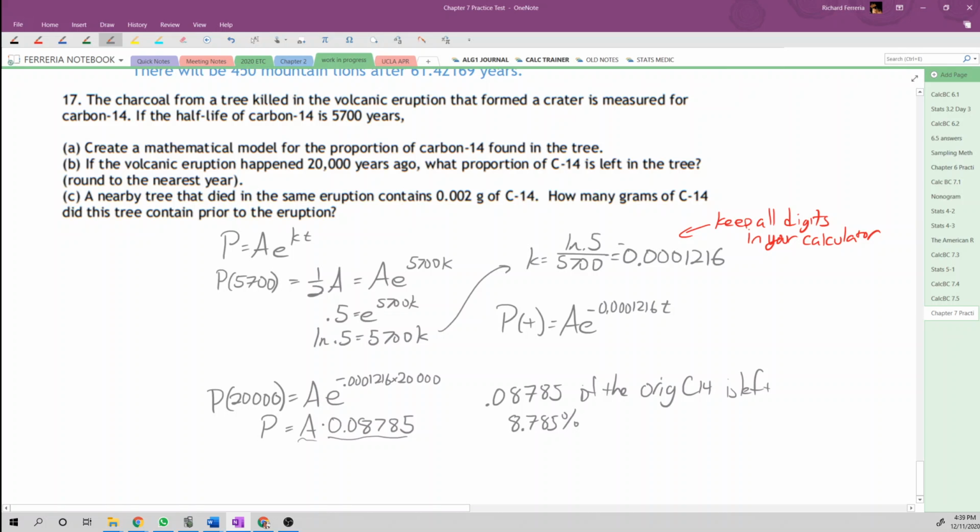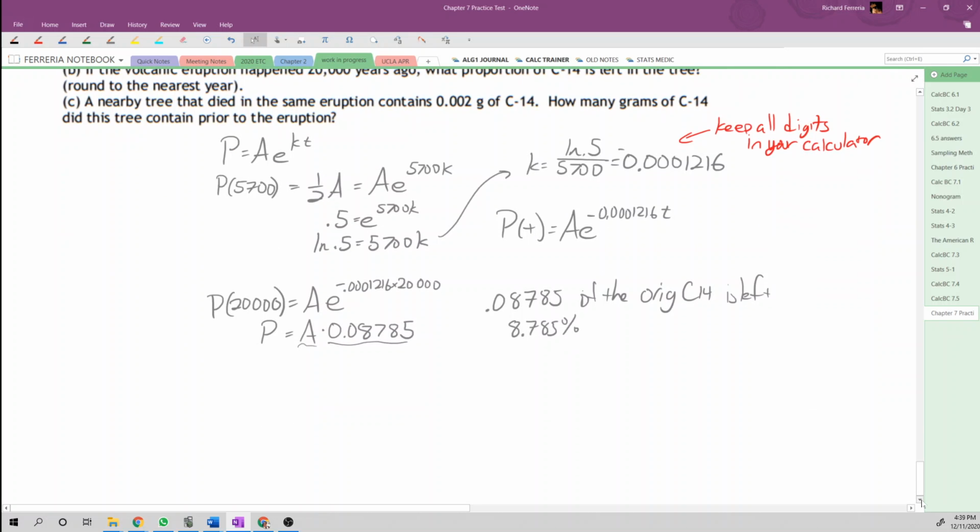And finally, for letter C, a nearby tree that died in the same eruption has 0.002 grams of carbon-14. How many grams of carbon-14 did this tree contain prior to the eruption? So now this is kind of the same problem, but a little bit backwards. Now we don't know the proportion or the amount of carbon-14 we started with, but the other way around.